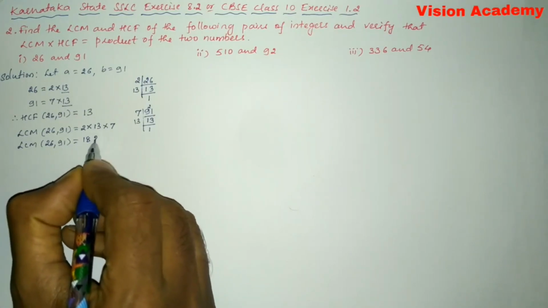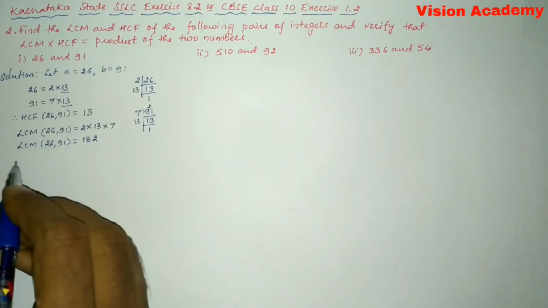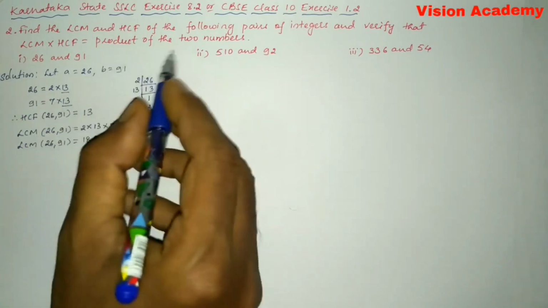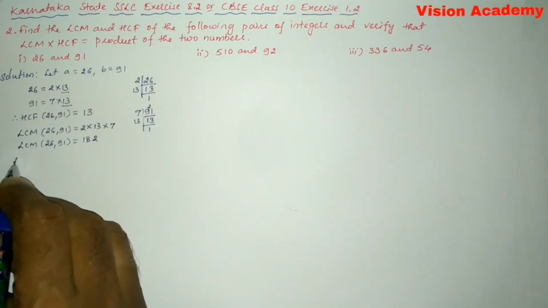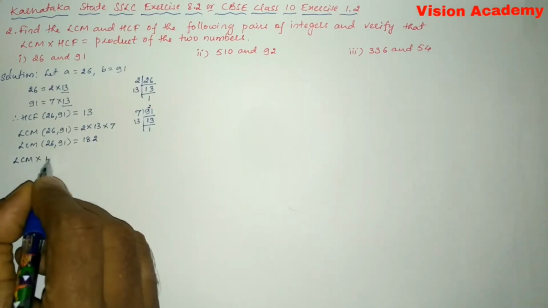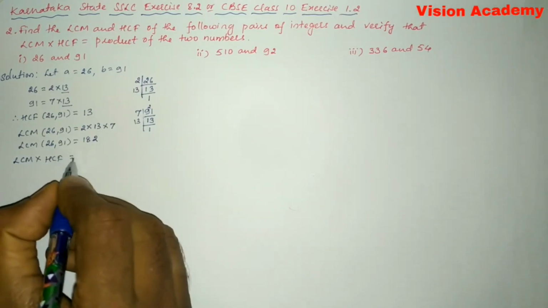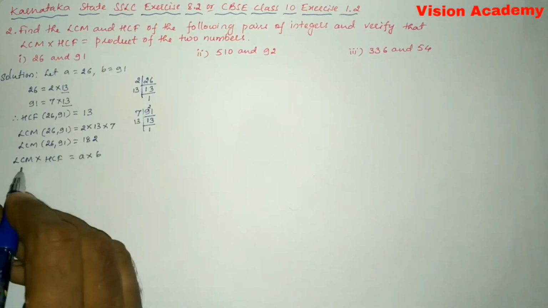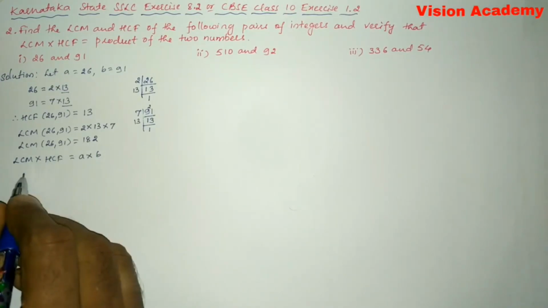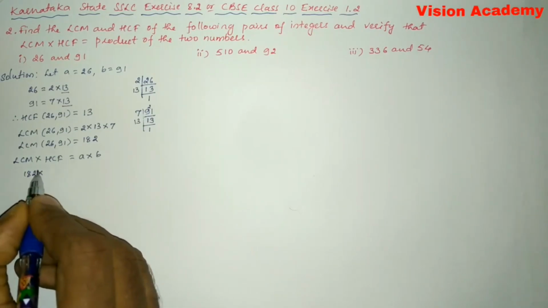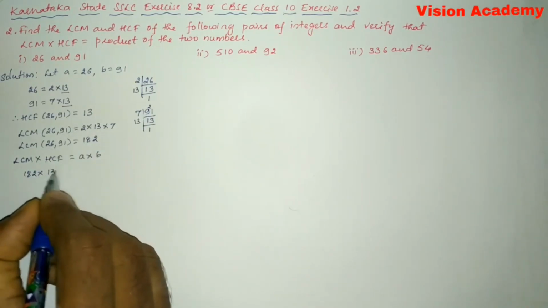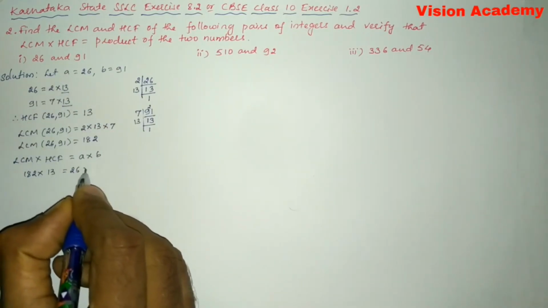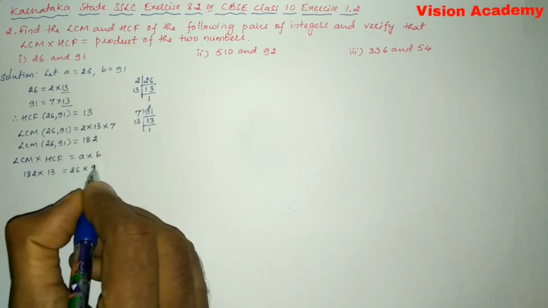Here we'll write 182. Now we'll verify LCM into HCF is equal to product of two numbers or not. Here we'll write LCM into HCF is equal to product of two numbers, A into B. Now let us write LCM, that is 182 into HCF is 13 is equal to A is 26 into B is 91.